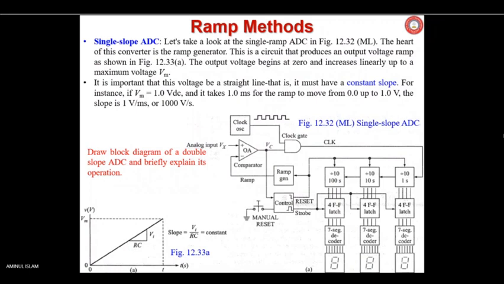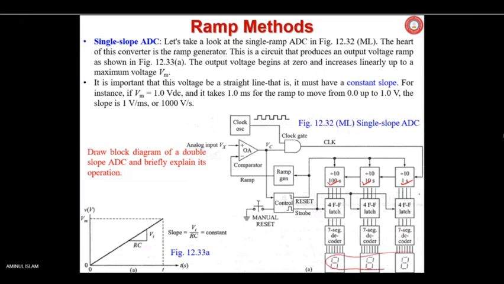Still single slope, but here taken from a different book, and what is done here is that ones, tens and hundreds decade counters are cascaded in series, and in addition to the digital output in binary form, it is going to display it on a seven-segment display.